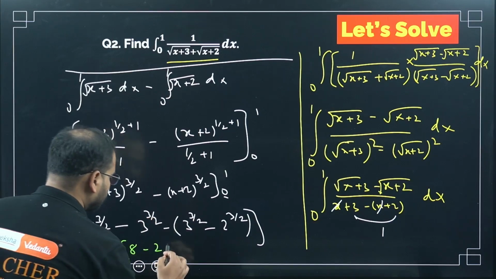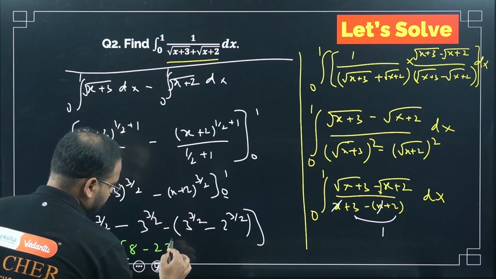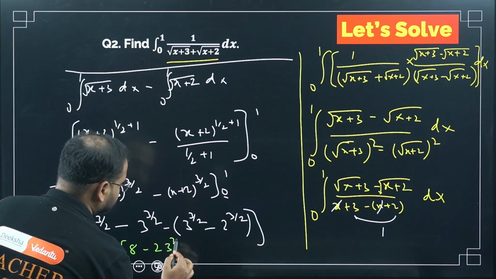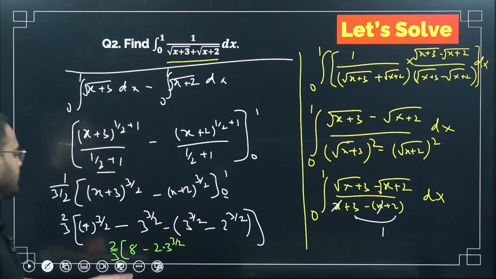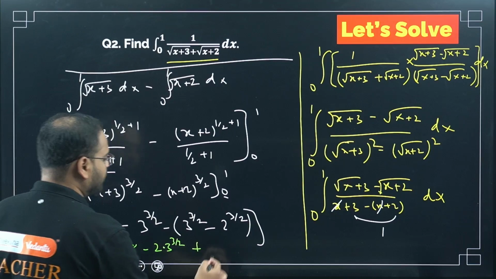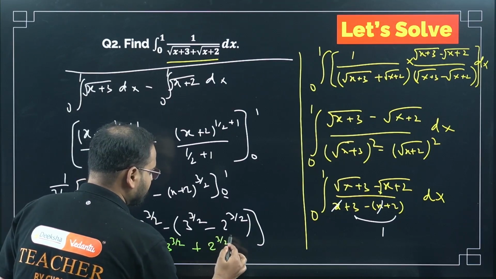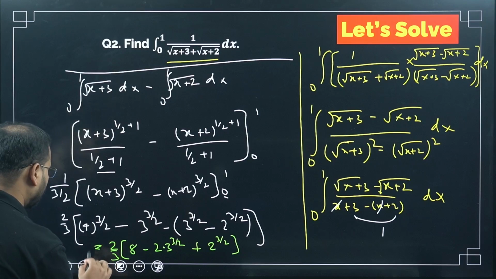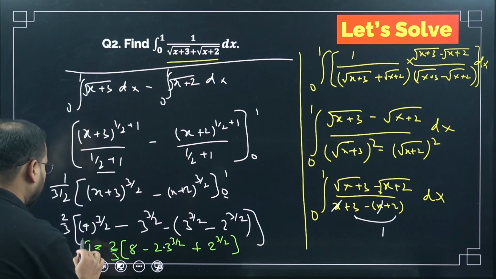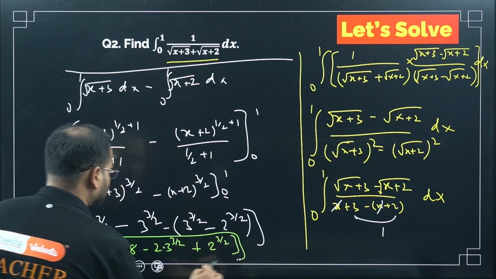Minus 2 times 3 power 3 by 2. Now the last one with the plus sign, 2 power 3 by 2. I can simplify this again, no problem, but I can take this as my answer also.